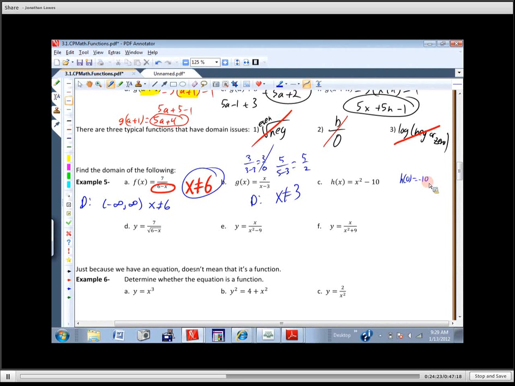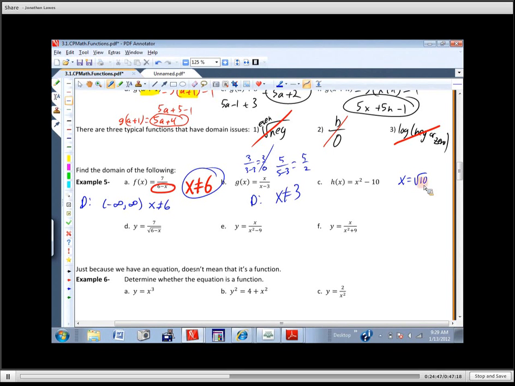Okay? So here's what Samantha's doing. Samantha's thinking, wait a minute, he might be telling us something that's not quite true. So she's thinking, what about something like this? What about a number like the square root of 10? If I take this and I plug it in there, this would be the square root of 10 squared minus 10.